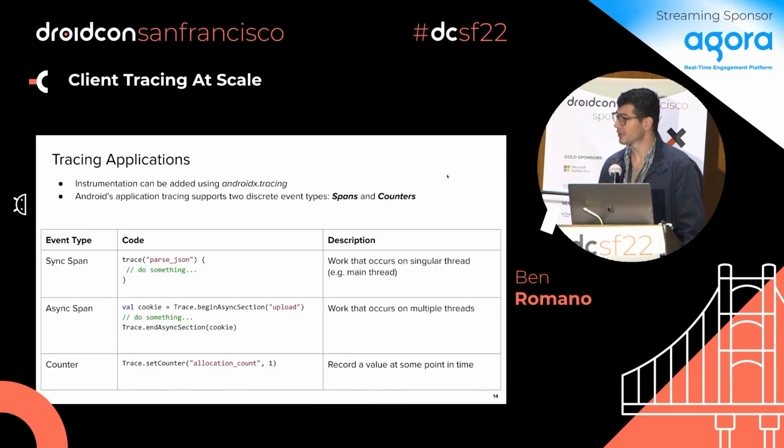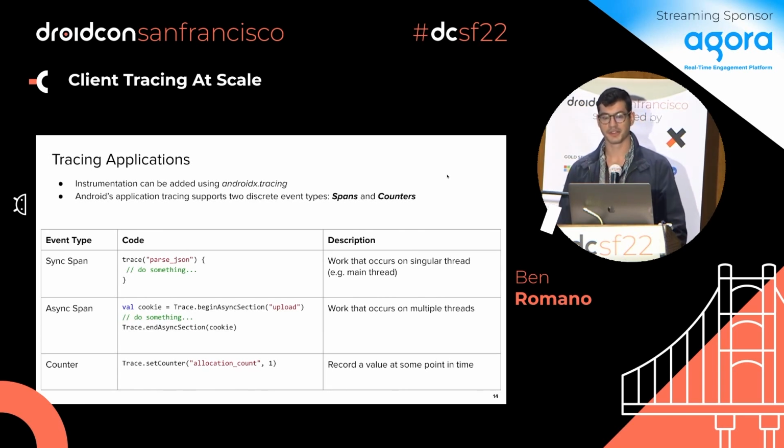And so tracing is simple enough in Android. There is an AndroidX tracing library, which supports counters and spans for in-app instrumentation. And within the spans, there are two types. There are synchronous spans, which are for work that's happening only on a single thread, for example, on your main thread or a background thread. There you can do something like, if you're doing JSON parsing, track how long that's taking.